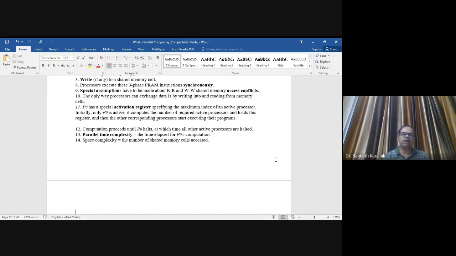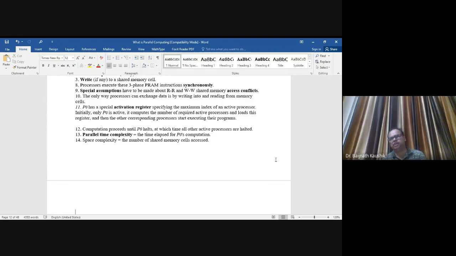So in the PRAM model, the only way to handle the read or write conflict, by which processors can exchange data, is by writing into and reading from the same memory cell. At a time, if we allow only one processor to read or write the data, then there will not be any read or write conflict.